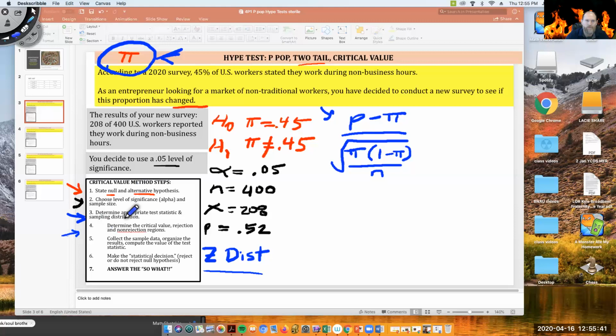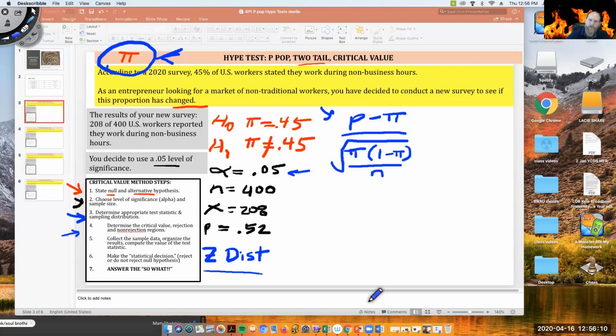Determine the critical value, rejection, and non-rejection regions. Okay. This is kind of a big step, but it'll come to us with habit. The first thing to determine our critical value is we need to reflect on the level of significance, 0.05. Okay.